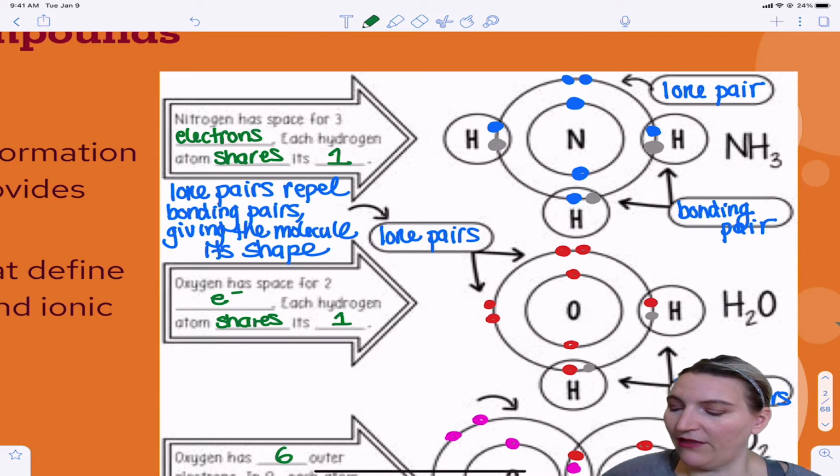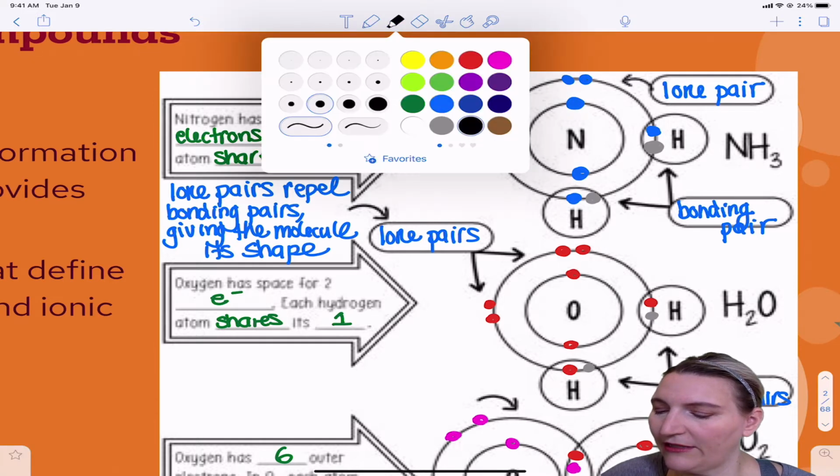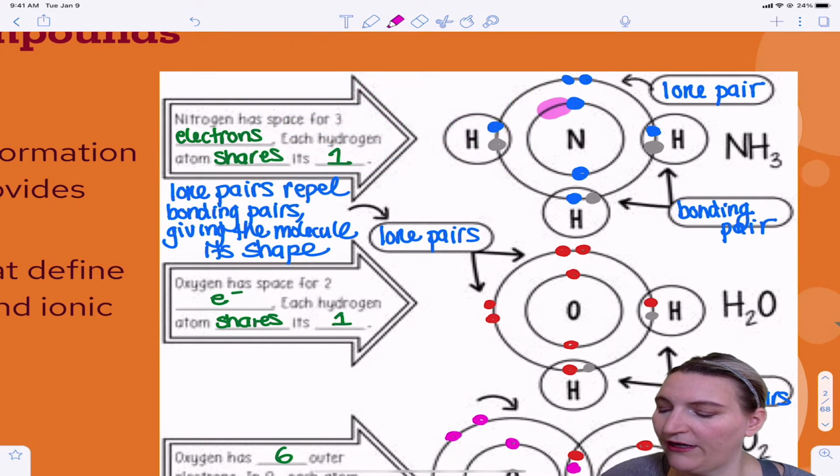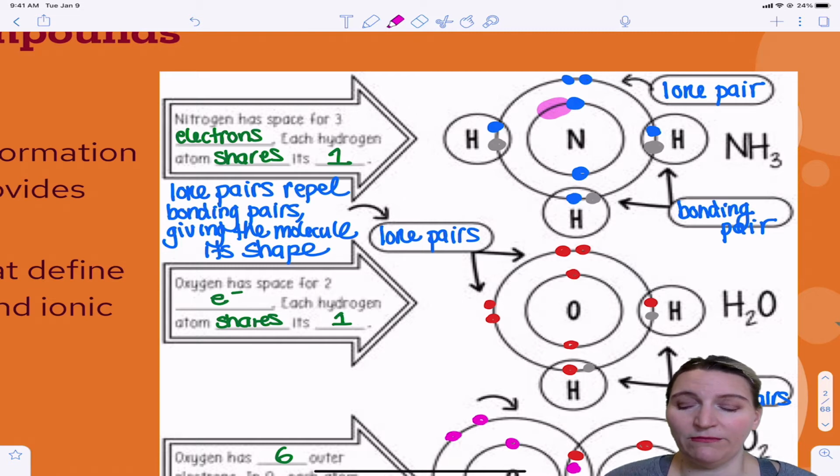In this first ring, which I'll highlight, that's the 1s orbital, and then the second ring is the second energy level. We haven't designated s and p orbitals, but we know that nitrogen has 5 valence electrons, so going around the nitrogen you see 5 blue dots.